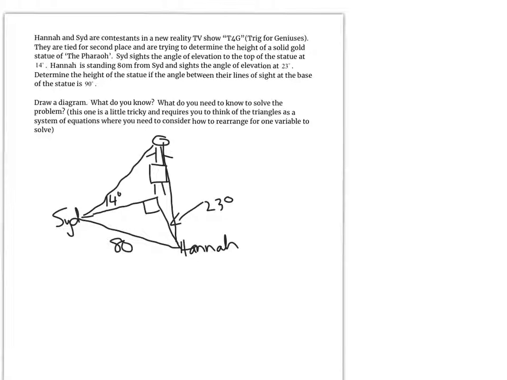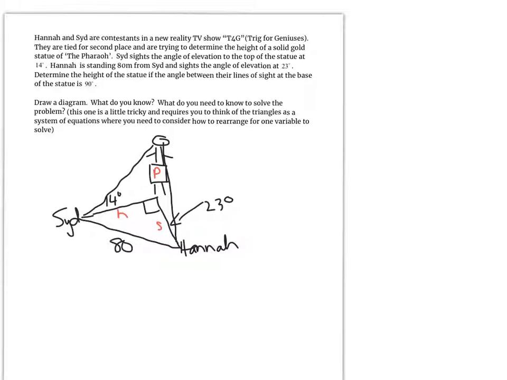So remember, we need to think of this as a system of equations in order to get a variable, because if you're looking at this, you say, well, I'm missing information. So what we're going to do is label our triangles and then think about how we can put this into a system.